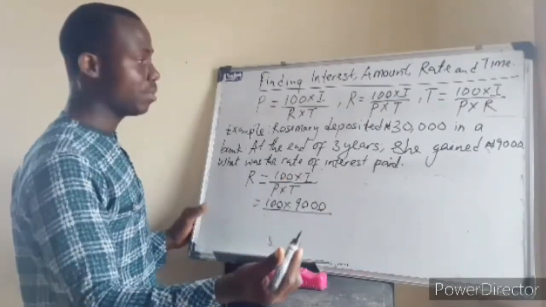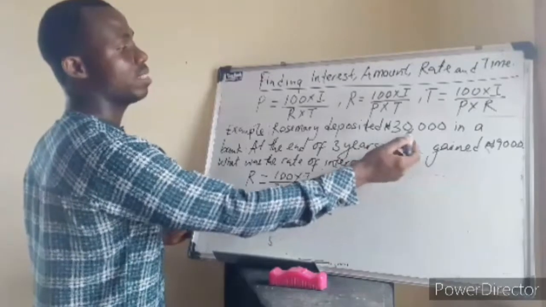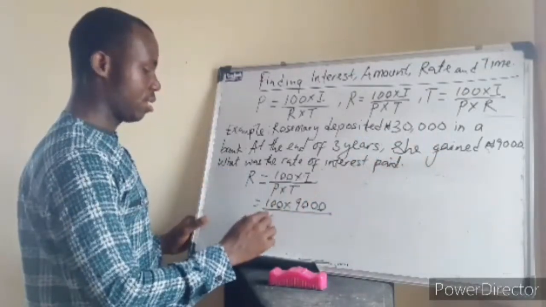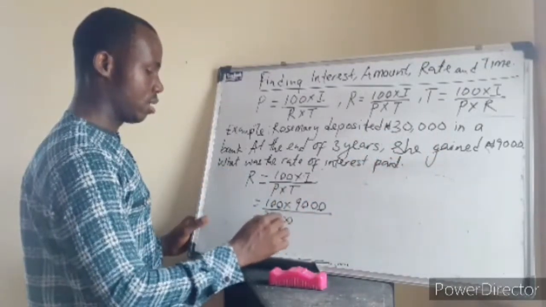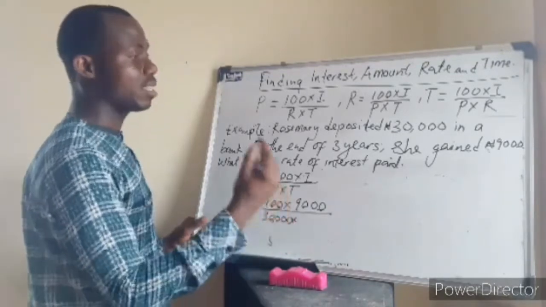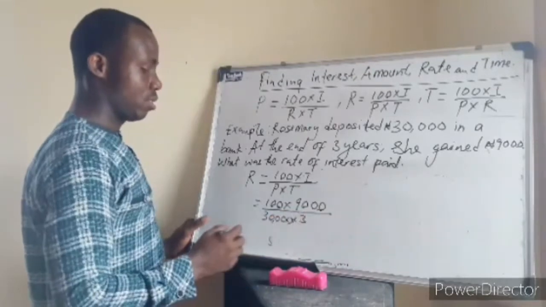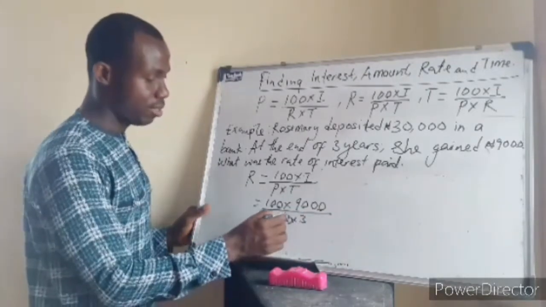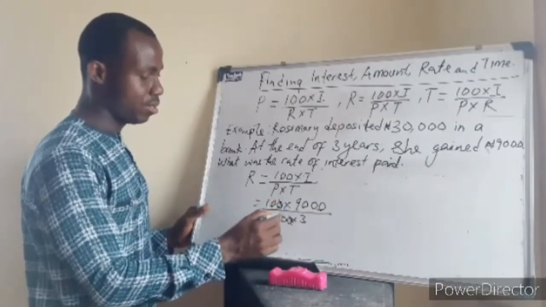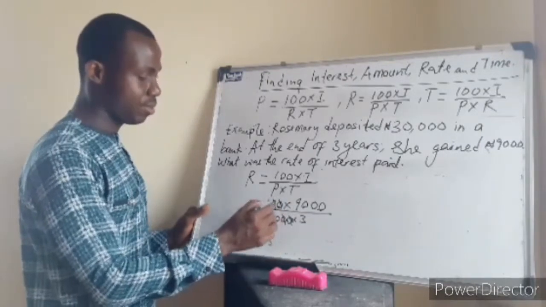I have 9,000 all over the principal. Principal is the amount she deposited, 30,000, times time. The time is the number of years, 3. So 0 cancels 0, 0 cancels 0 again.